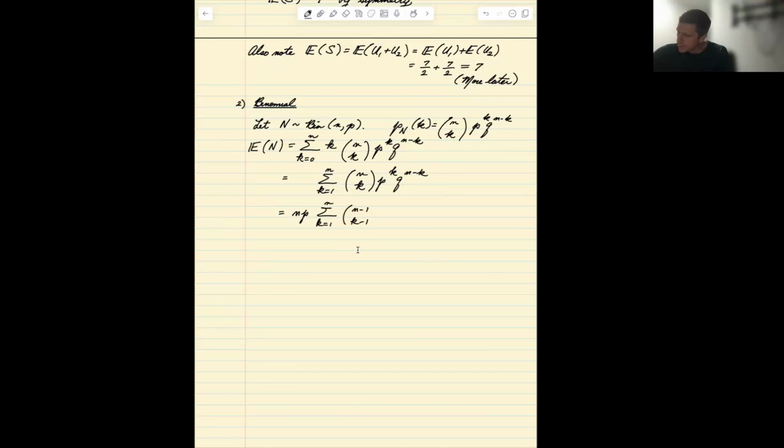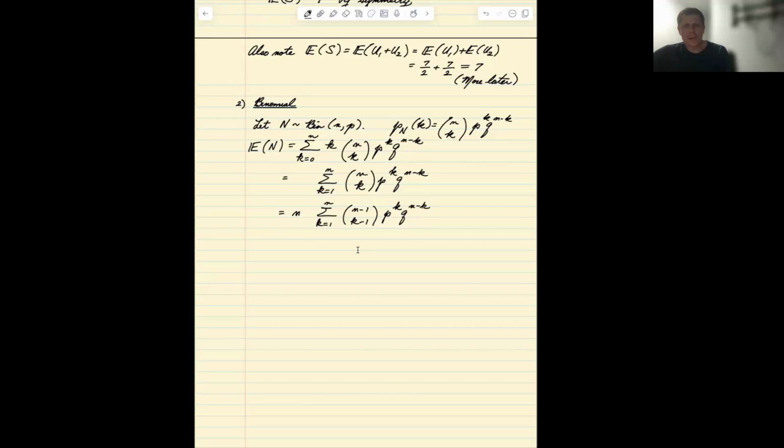And so what I'm left with here is the sum from k equals 1 to n of n minus 1 choose k minus 1. I'll leave the p in there for now, p to the k, q to the n minus k.